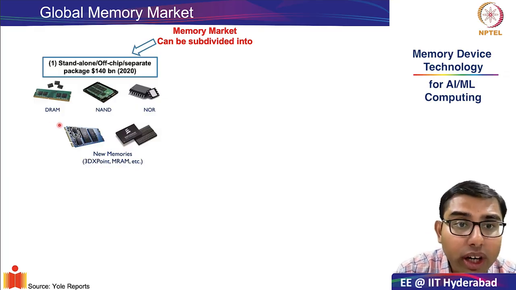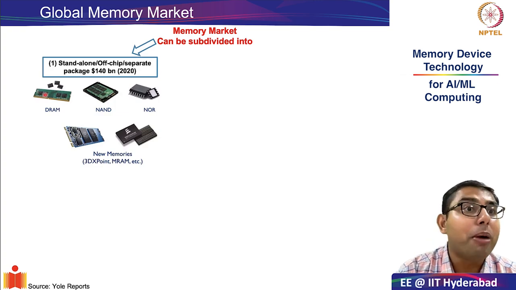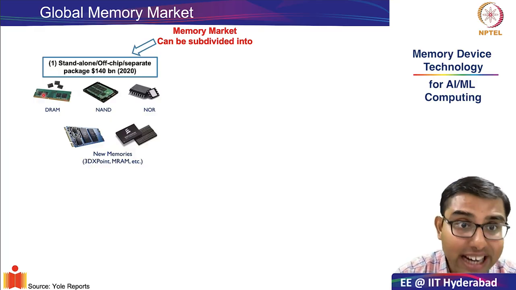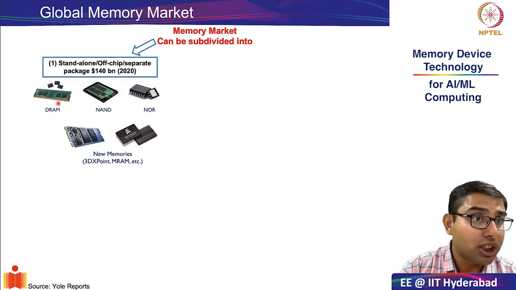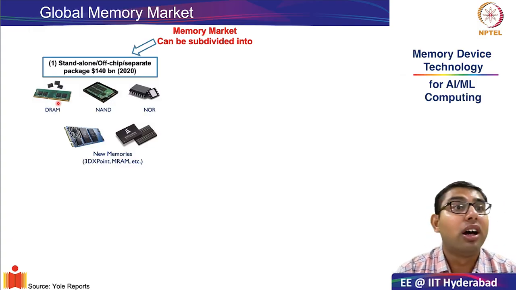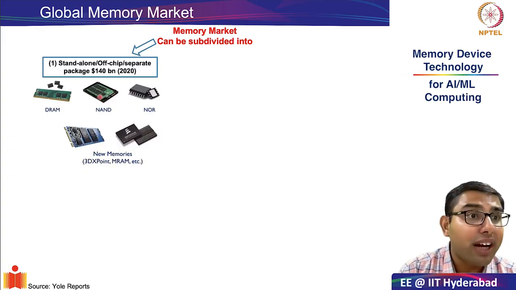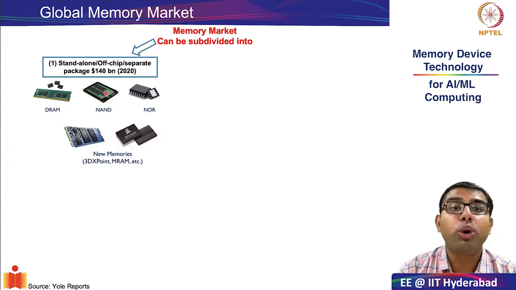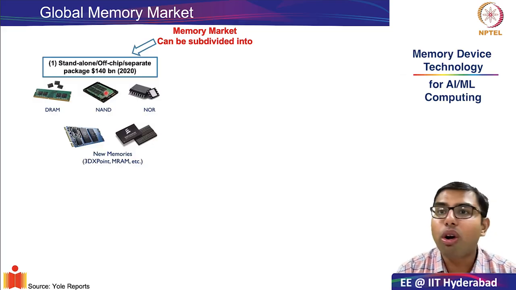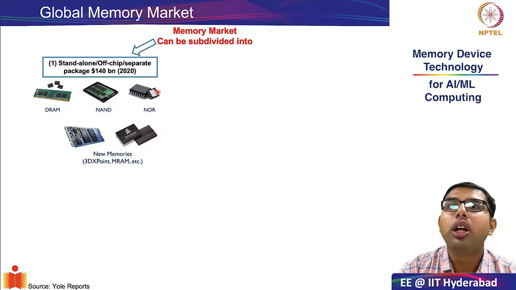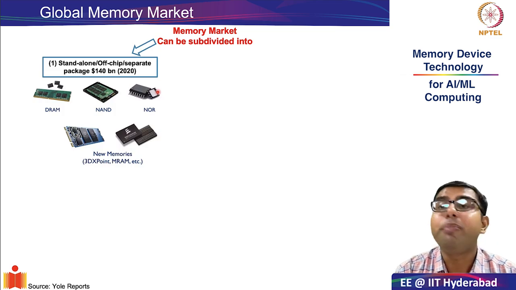So as you can see over here, the DIMMs or dual inline memory modules, in which these DRAMs are integrated. We will study more about DIMMs when we look at DRAM, along with the NAND flash. So NAND flash is also a very important standalone off-chip memory. We saw that although the segment is very small, NOR flash is also another important off-chip memory.